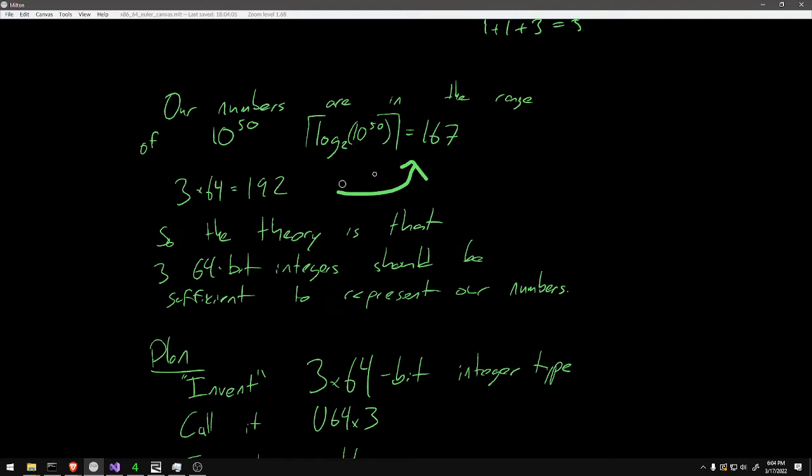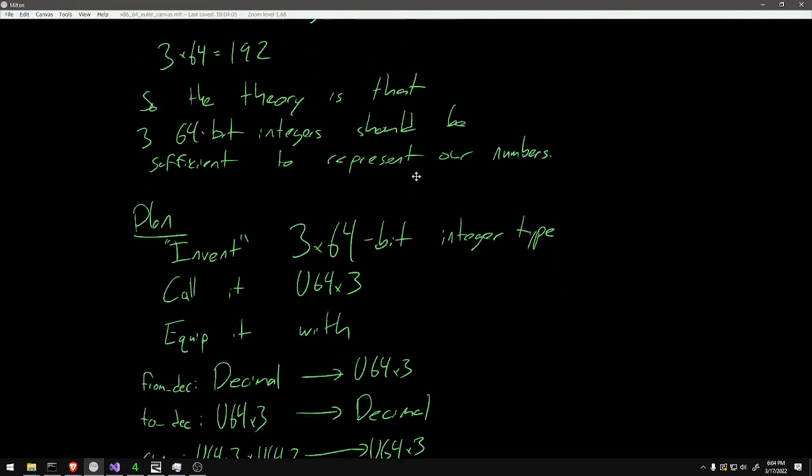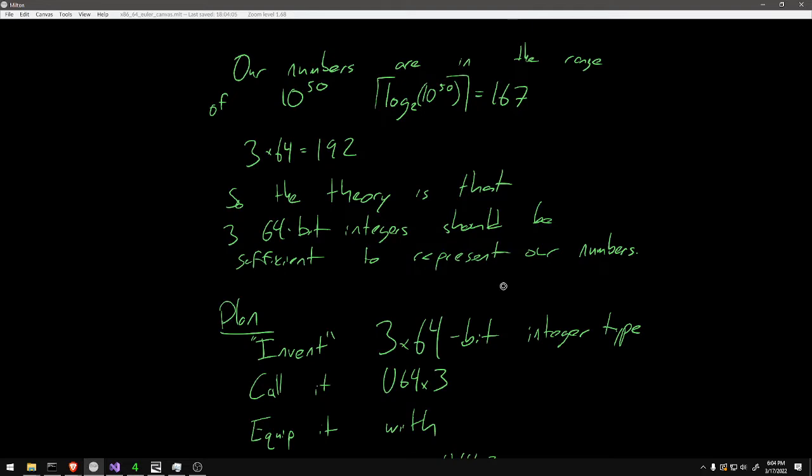We might need a few more to get to 10 to the 53, if that really is how big it needs to get. But one way or another, 192 bits should be more than enough, because that gives us several million times more in range.